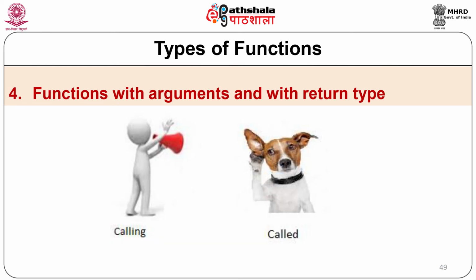Function with argument and with return type. You can see two images, calling function and called function. Here the calling function sends some argument to the called function, and your called function returns value to the calling function. It means the called function reacts to the calling function.